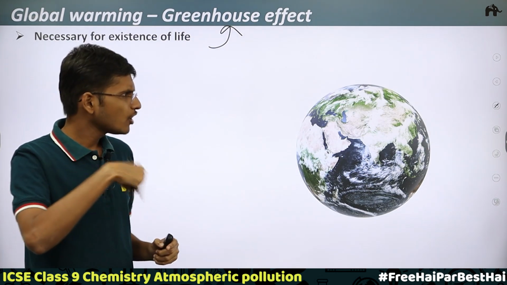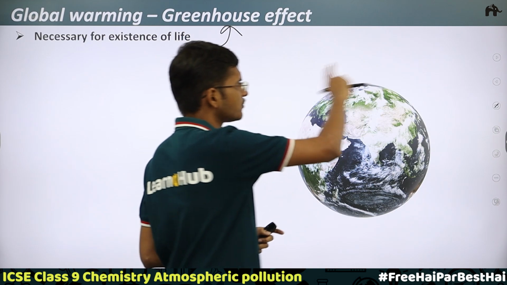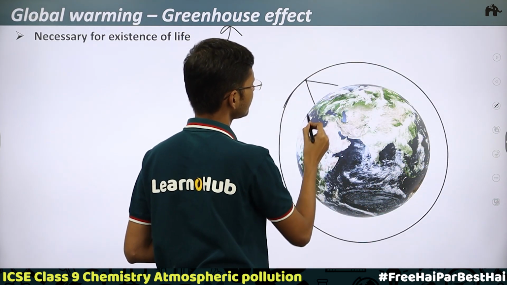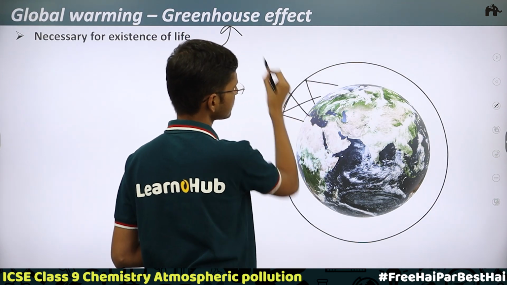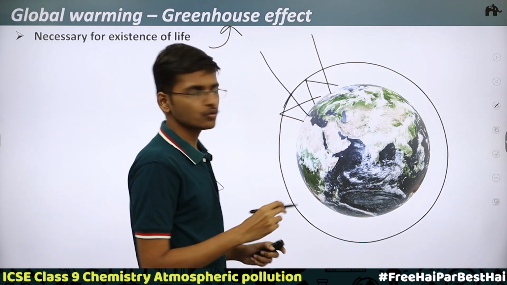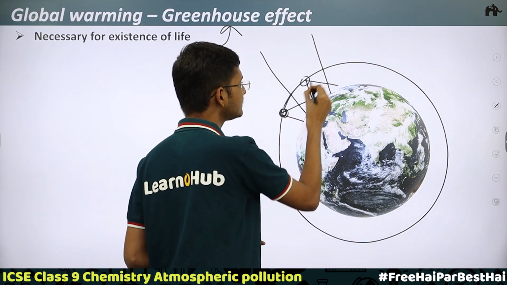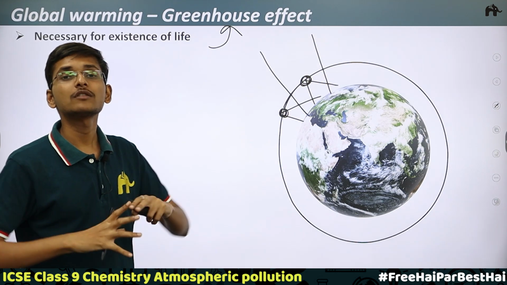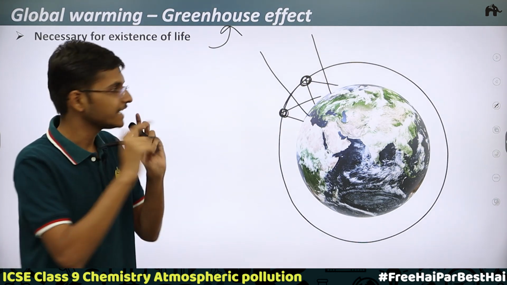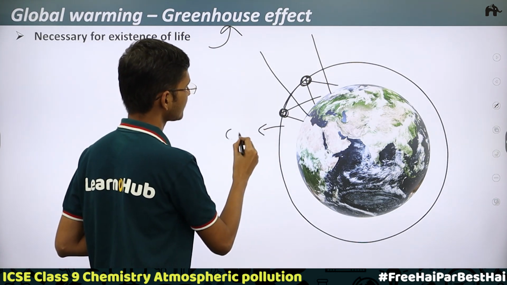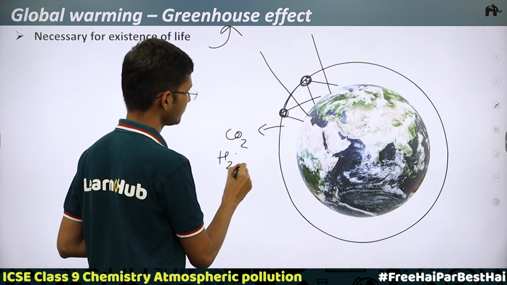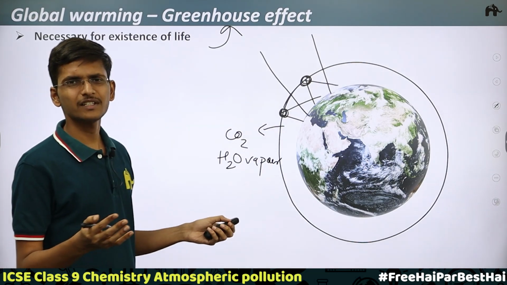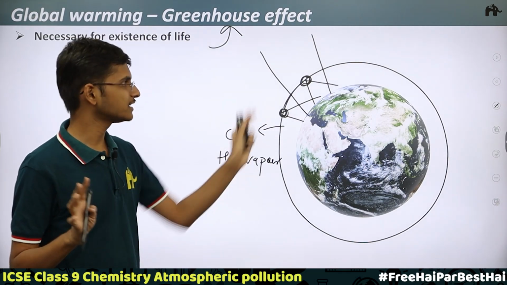Because in the atmosphere, as we have just seen, some of the infrared radiations are getting trapped and some are getting passed. Now why are these getting trapped? They are getting trapped because of some gases like carbon dioxide and water vapor, which are naturally present in the atmosphere.